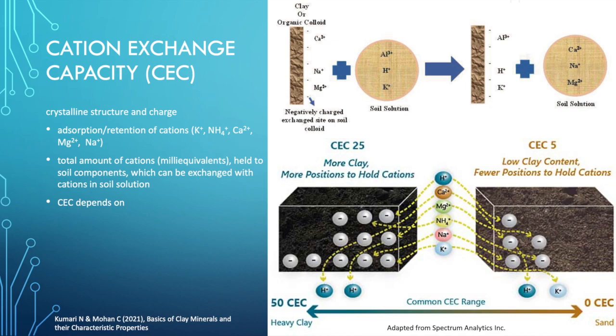And this cation exchange capacity depends on the clay content, so the soil texture, the type of clay, which depends on the mineral structure of the clay, and the organic matter content in that soil or in that clay will also influence that cation exchange capacity. And so this is how soil nutrients and fertility are normally measured, by this exchange of cations either being bound to soil particles or being in solution and therefore available to plants.